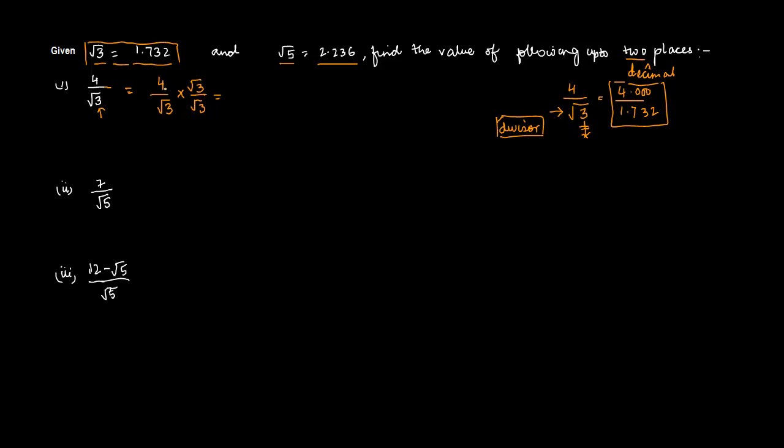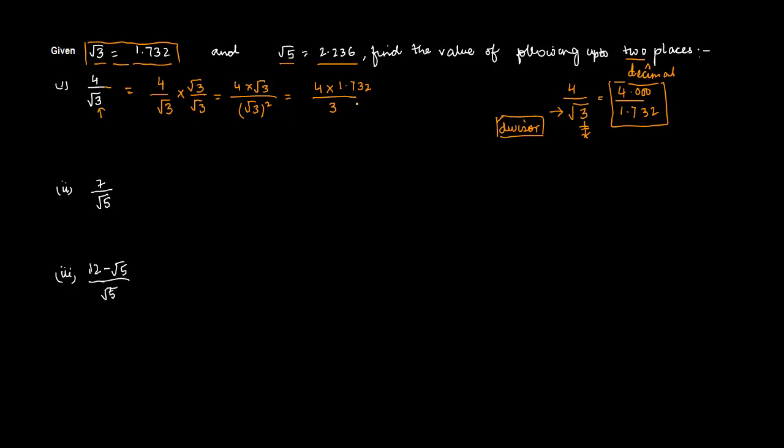So we can also write this as 4 into root 3 divided by root 3 into root 3, or root 3 square. Now root 3 square is equal to 3, and in 4 into root 3 we can substitute the value of 1.732 here.